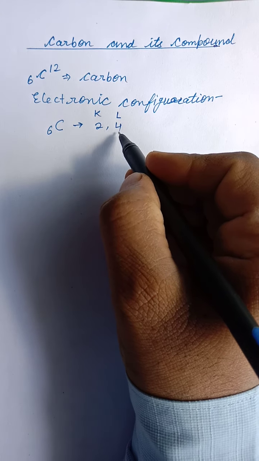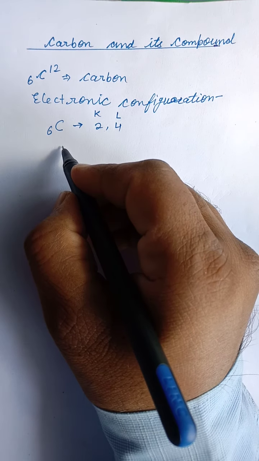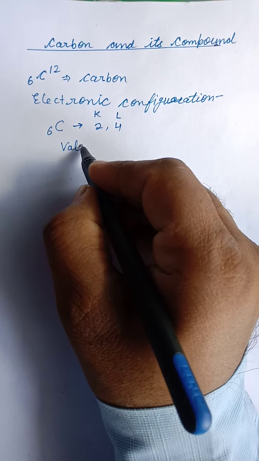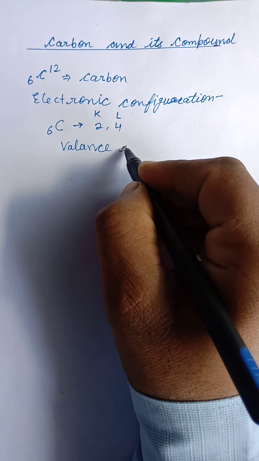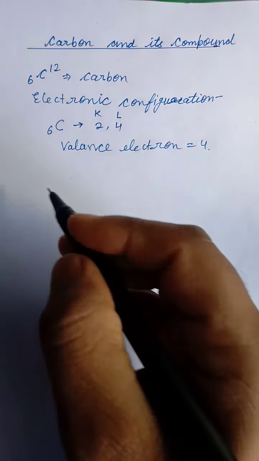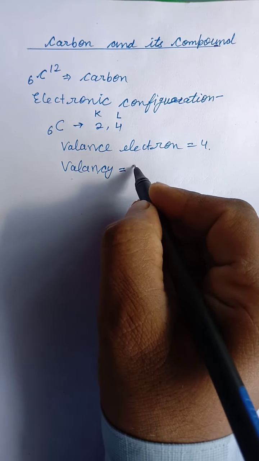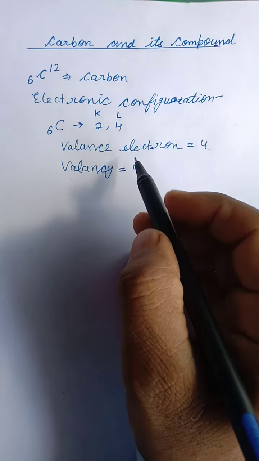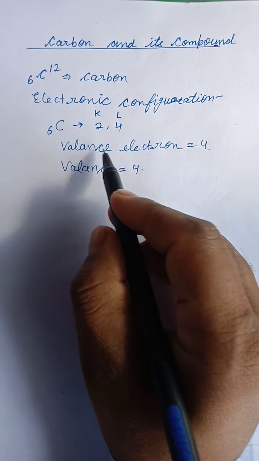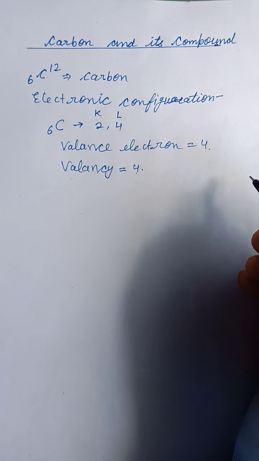In the L shell, how many electrons are present? 4 electrons. So its valence electron is equal to 4. Its valency is also 4. Due to 4 valency, carbon has the tendency to form 4 chemical bonds.